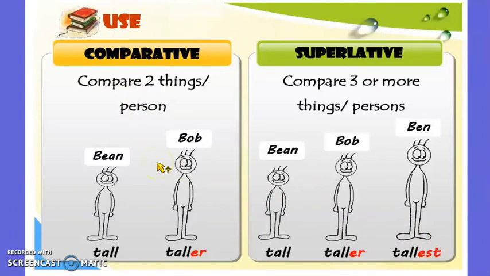We use more and er plus than. Superlative, we compare three things or three people or more, أو أكثر. We use est for the short adjective, most for the long adjective, and the tallest or the most expensive or the most beautiful.